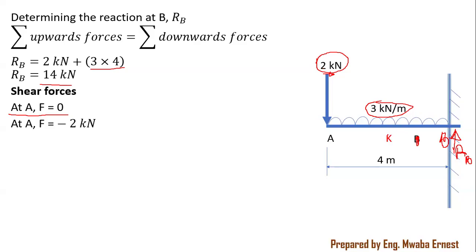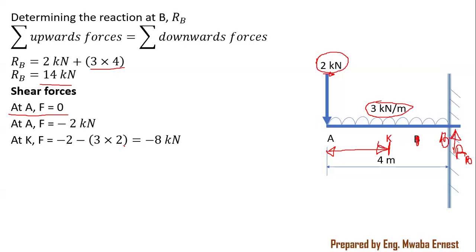Let's now go to the mid part. This part here in the middle, that's point K. In the case of point K, you have, first of all, these -2 kilonewtons acting downwards. Then we also have another stream acting downwards. So we say -3 multiplied by the distance from here up to there. Now, since the total length of this span is actually 4, half of 4 gives us 2.